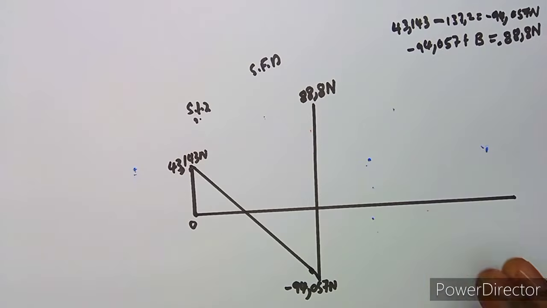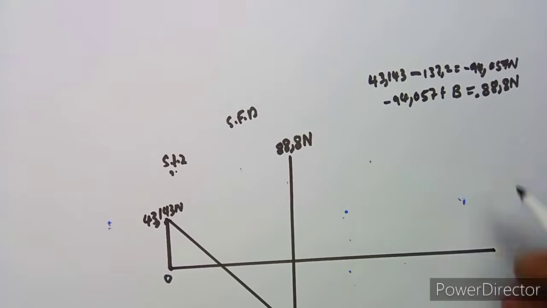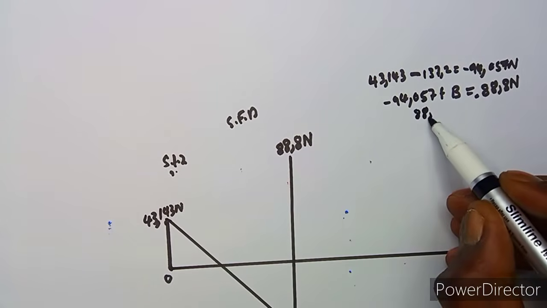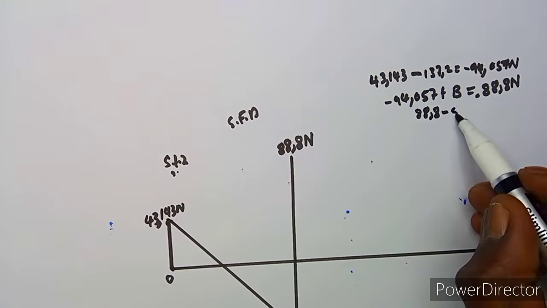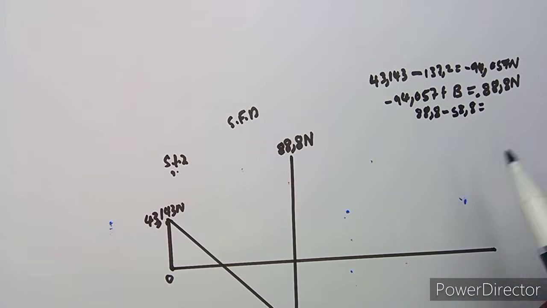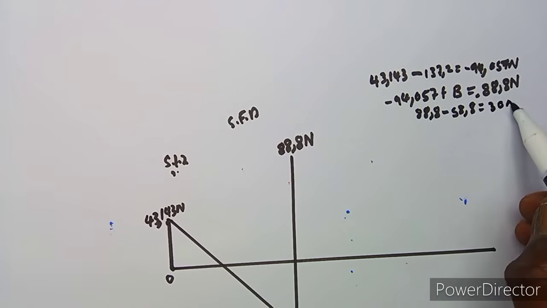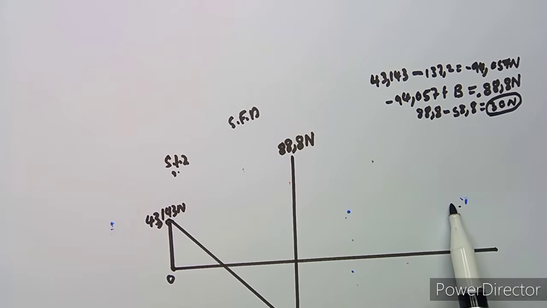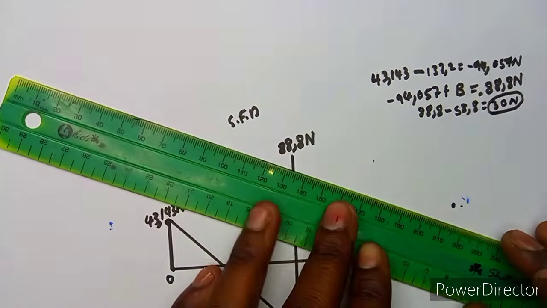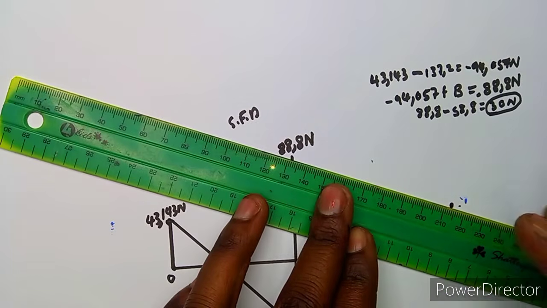So let's subtract at this value that we are now at, 88.8 minus 58.8, which is going to give us something like 30 Newton. Where is it located? It's below this because this is 43, so it's going to be located somewhere here. Joining from this point, just below that line, it is going to be like this.